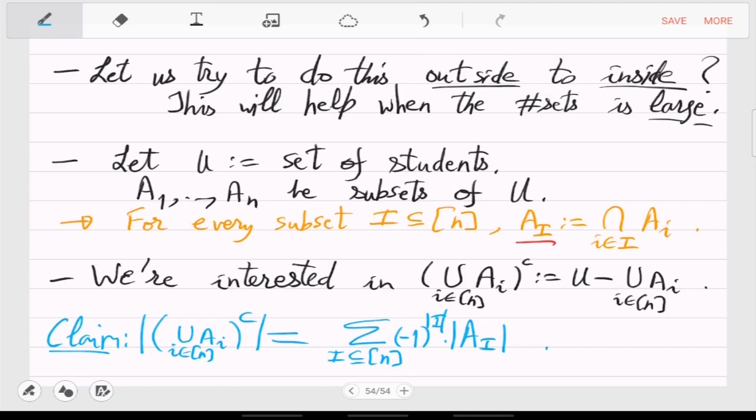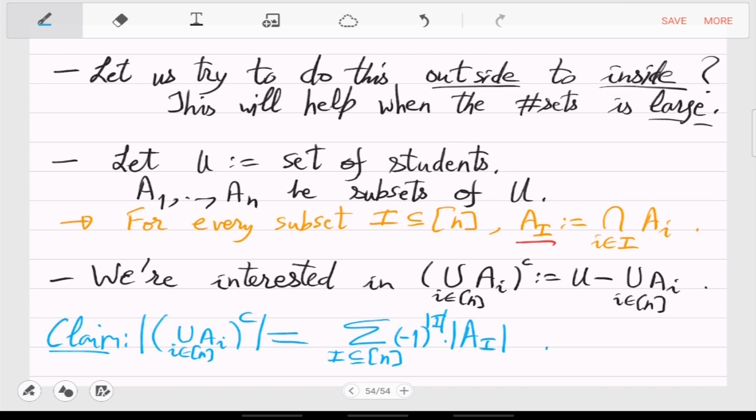So when I is 0, this is plus, or when the size of I is even, this is +1. When it is odd, it is -1. In particular, when we are looking at singletons, just Facebook, just Twitter, just WhatsApp, then that comes with a minus sign.